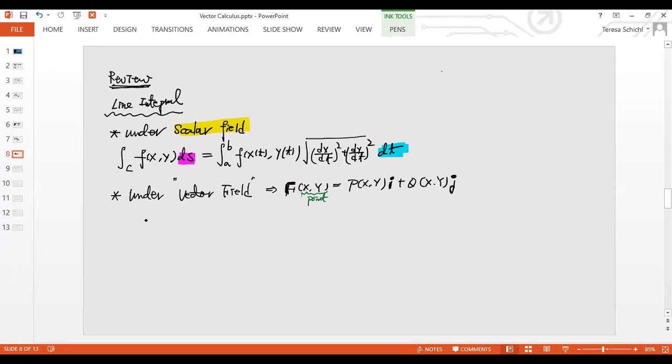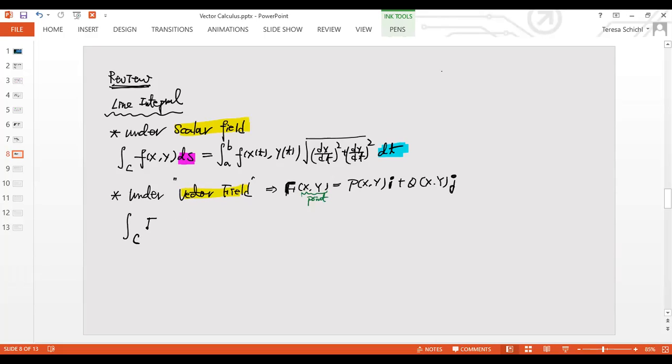Now, if I have an integration over the vector field, how do we do that? How do we write the notation? We have a curve C, and you're going to do the integration.